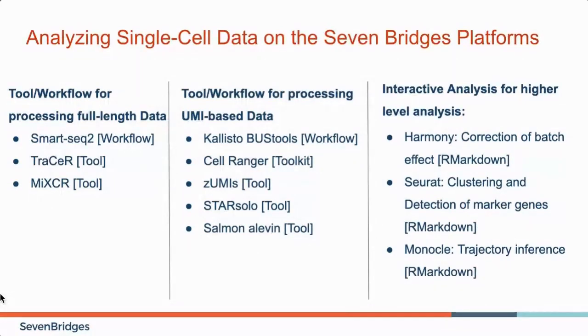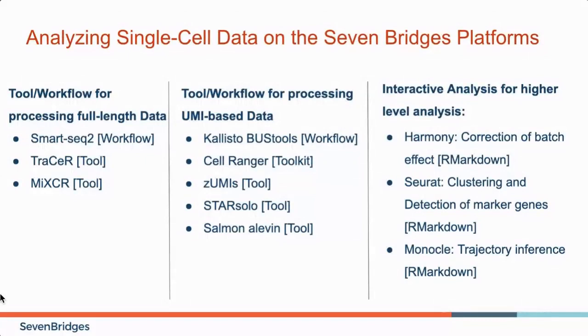For processing UMI-based single-cell data, we created a Callisto bustools workflow. We also have a Cell Ranger toolkit consisting of 5 separate tools, and we have an extension of the STAR aligner called STARsolo, and the Salmon pseudo-aligner, which has an extension called Alevin.